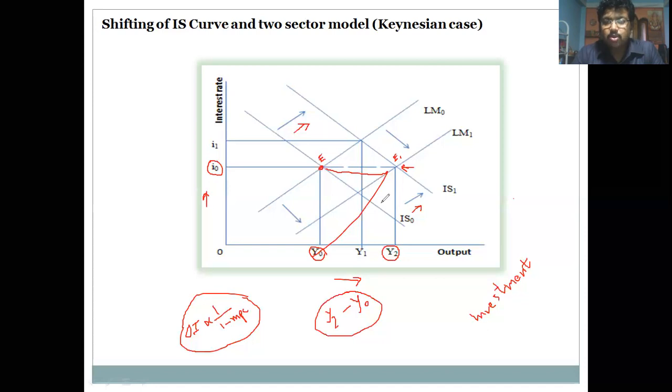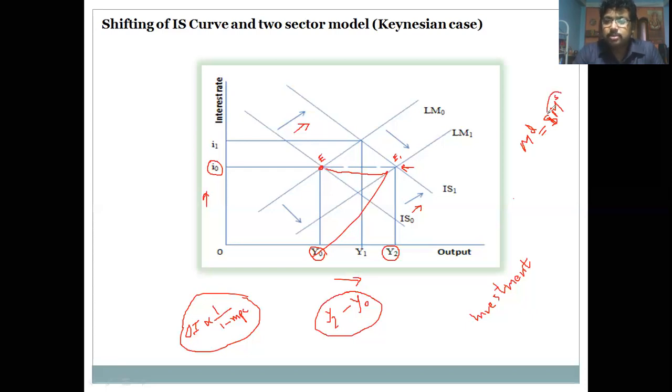In money market equilibrium, we know that MD, the demand for money, is equal to the supply of money.